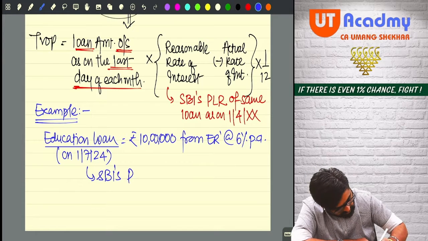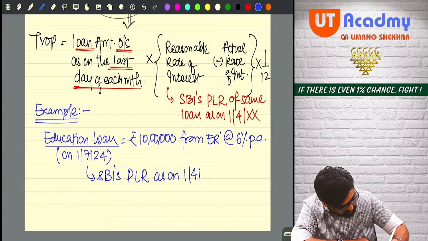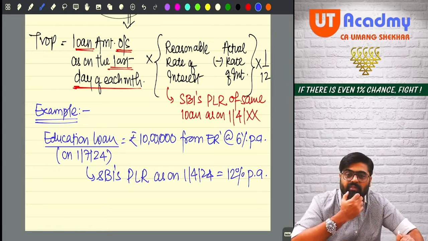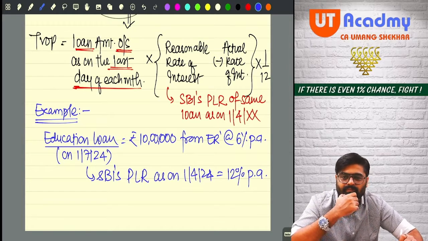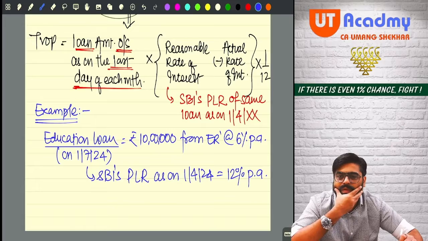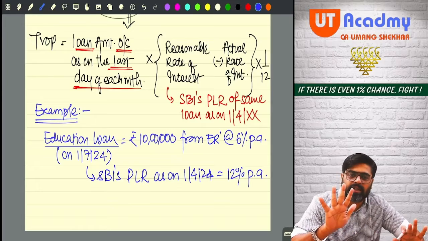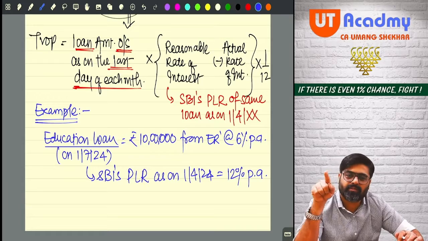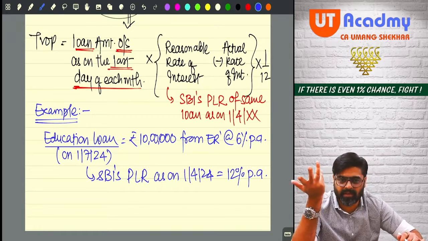So for example, on this educational loan, SBI's prime lending rate as on 1st April 2024 was 12% per annum. That means you are saving 6% interest every month. Now tell me, if nothing is mentioned in the question that this loan is being repaid, the interest benefit for the full year will be calculated only once, because no repayment details are given.